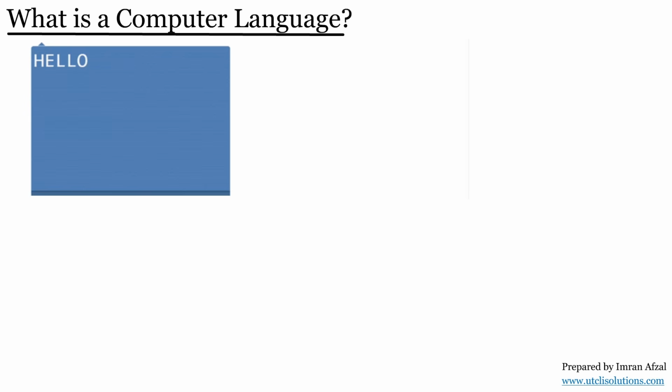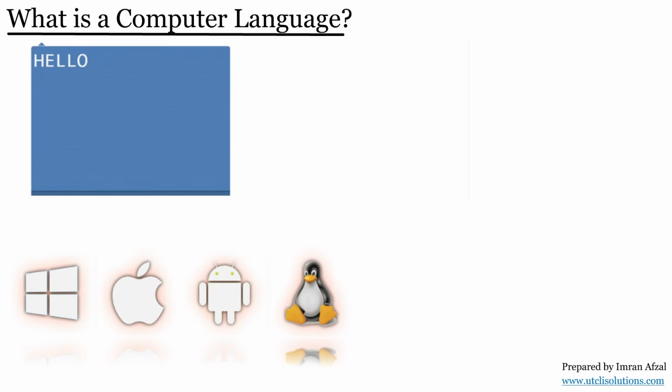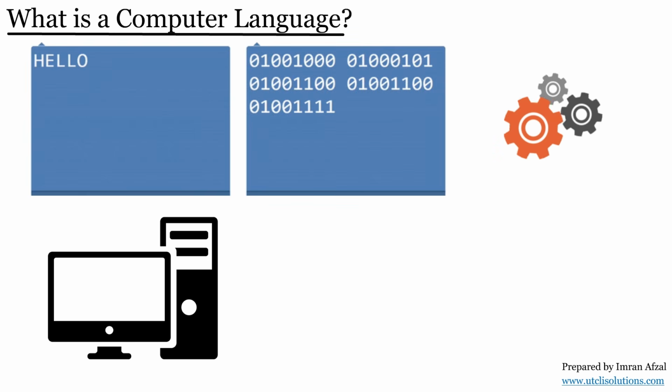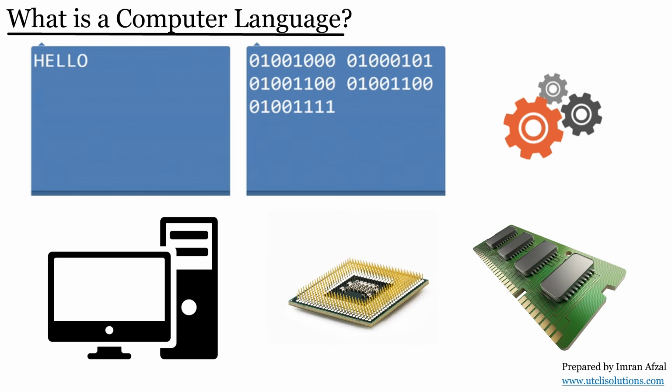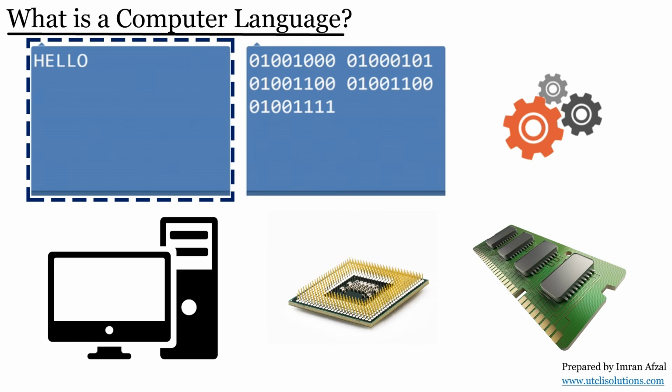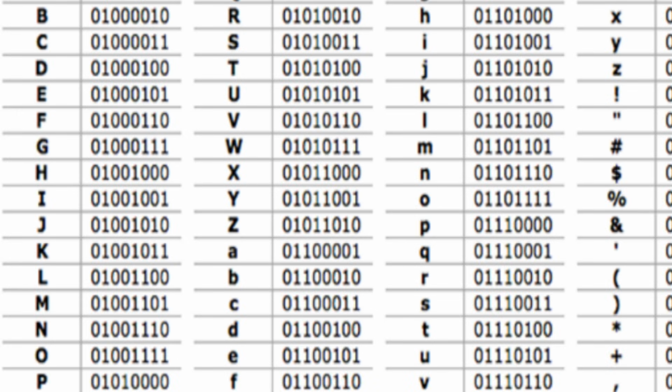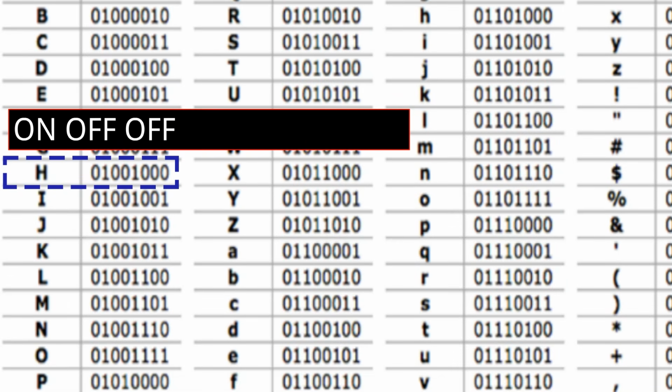Now, how is your operating system or your computer going to translate that into its processor or memory that, hey, this hello means these digits, so process it. So the first thing it will do is take the first character, which is H. And by looking at the chart, you will see the H translates to 10010000, meaning on, off, on, off.